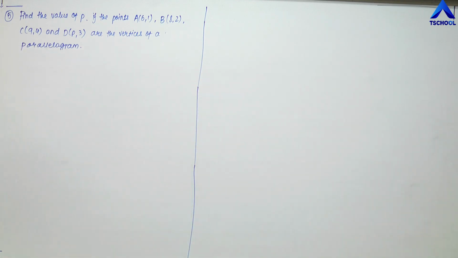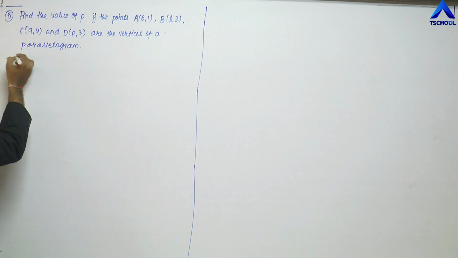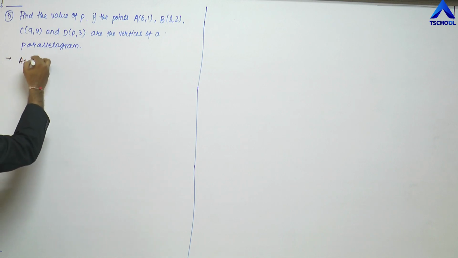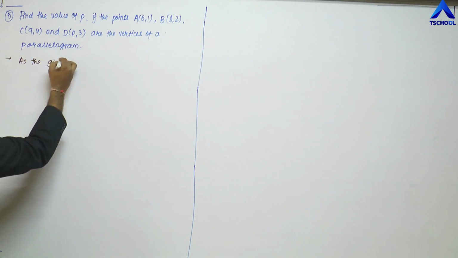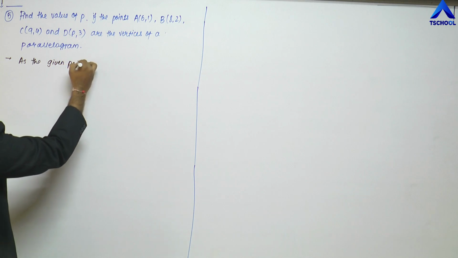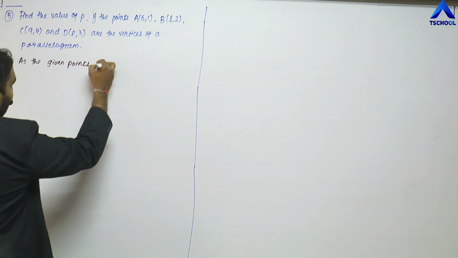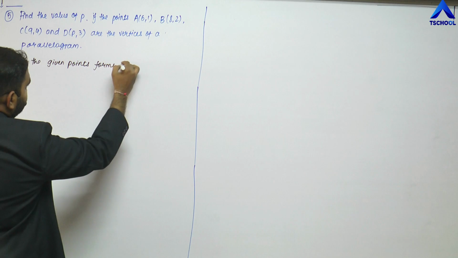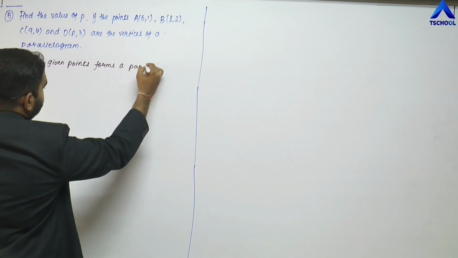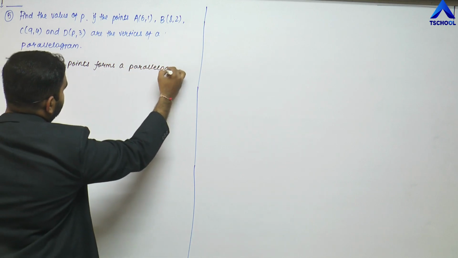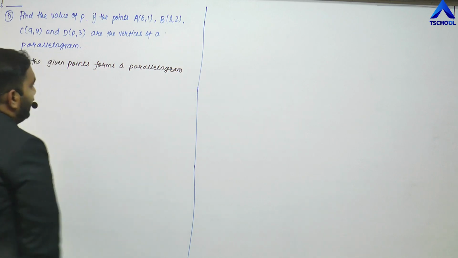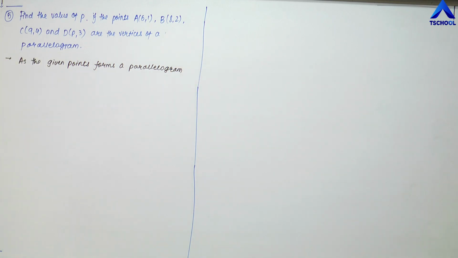Now you can solve this question in many ways, but we shall go for the simplest solution. As the given points form a parallelogram, then what can we say?